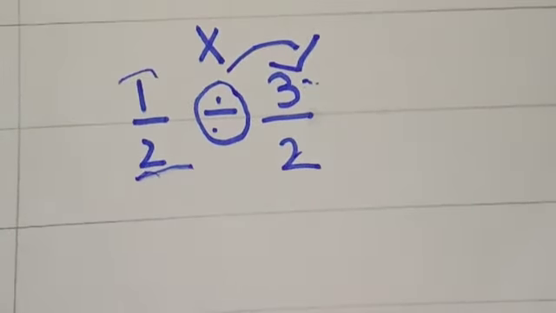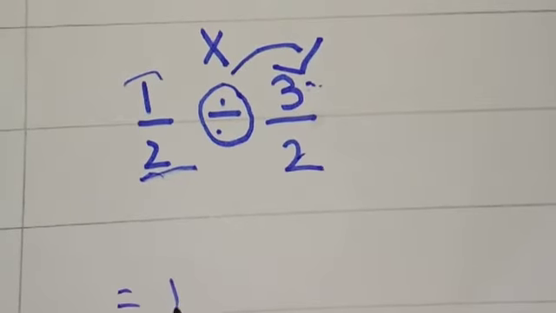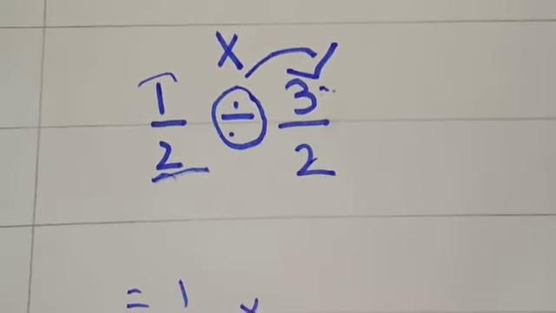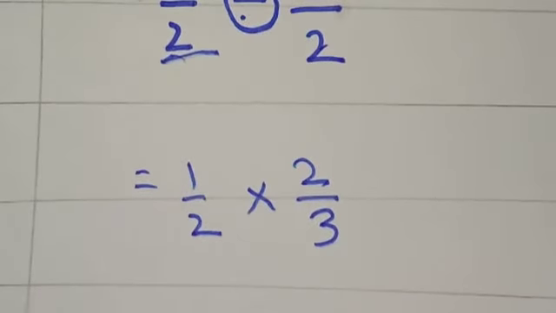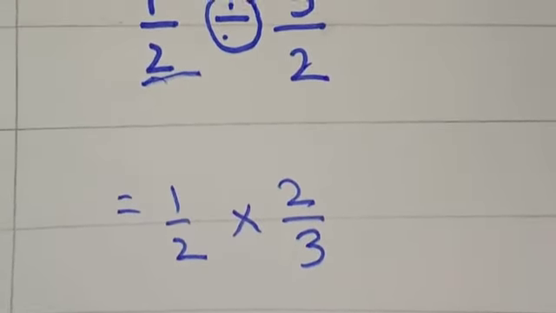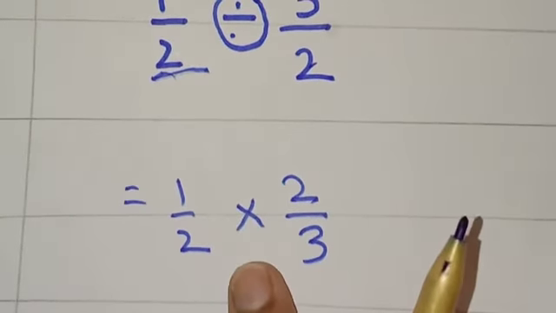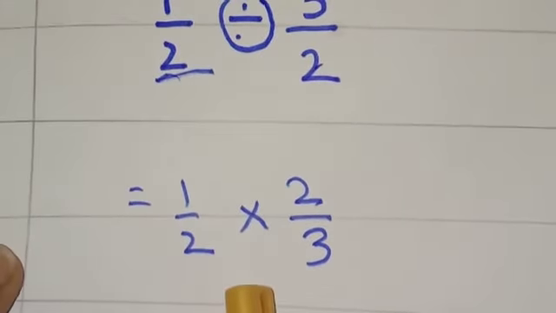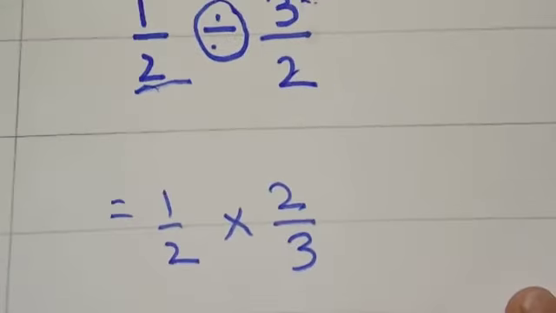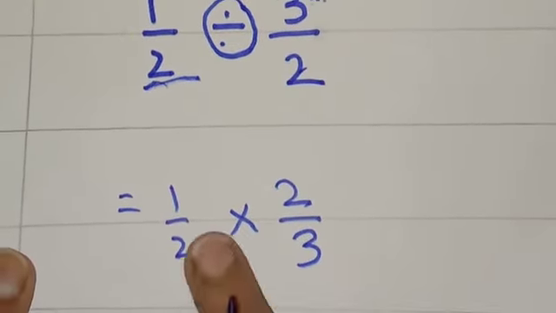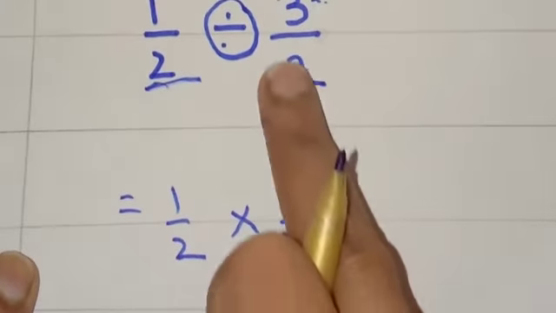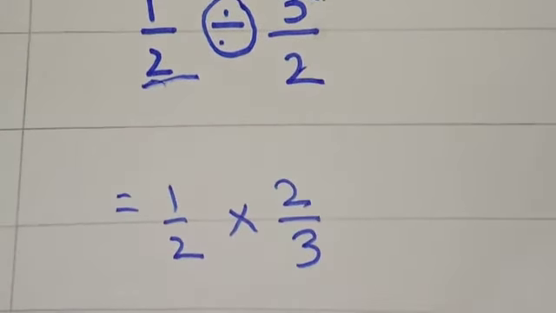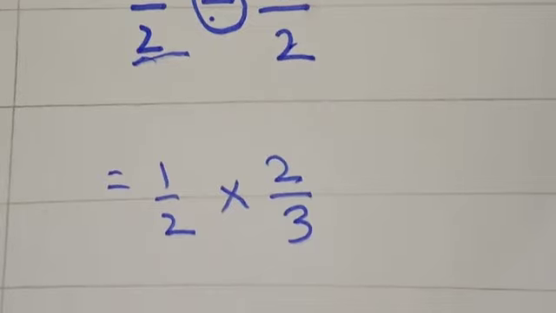So it will become 1 by 2 multiplied by 2 over 3, right? 1 by 2 multiplied by 2 over 3. After taking reciprocal, the division sign changes into multiplication, and the term after the division sign is reciprocated, as the denominator becomes the numerator and the numerator becomes the denominator.